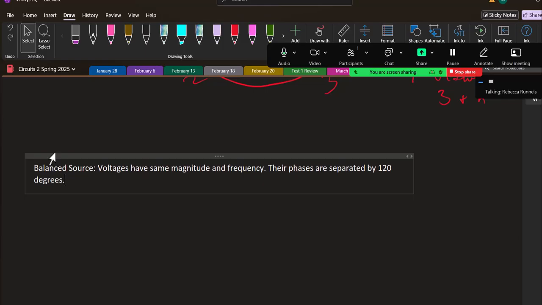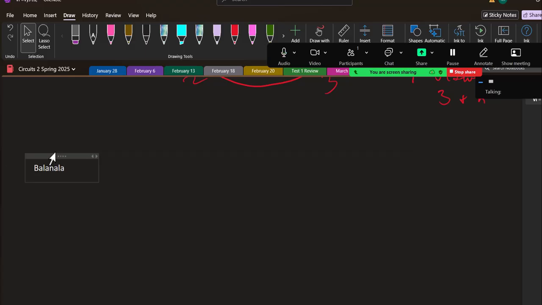How about a balanced load? What has to be true for a balanced load? I guess they all have the same impedance. Yep, good. So balanced load, identical impedances. So what do you think would make a balanced network? Balanced source and balanced load. Yeah. What about anything else?